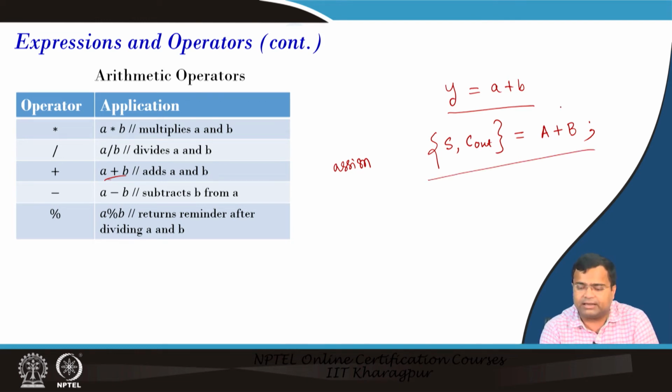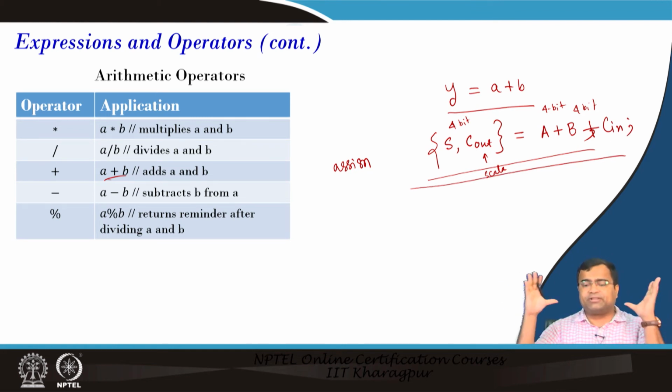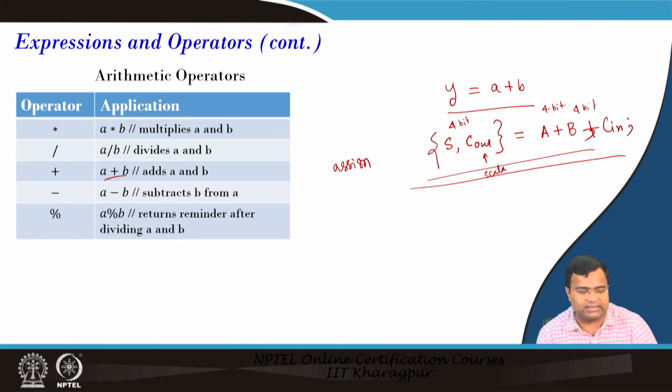If both are 4 bit, you have to define the sum to be 4 bit, and the carry is a scalar. If you have an additional carry in, you can also add C in. Then with one single statement you can actually implement the full adder, because Verilog will understand this is like a full adder, and we will be considering this also under data flow modeling. So this is an addition symbol.